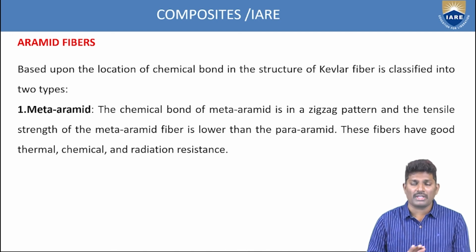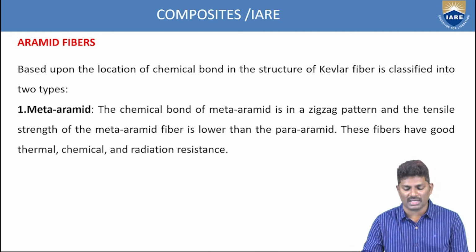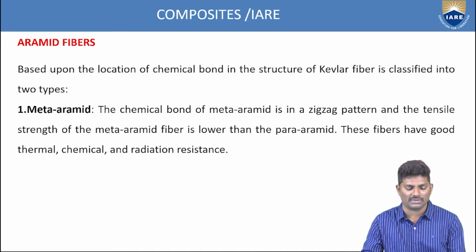Based upon the location of the chemical bonding in the structure, these Aramid fibers have been classified into two types. The first one is meta Aramid.